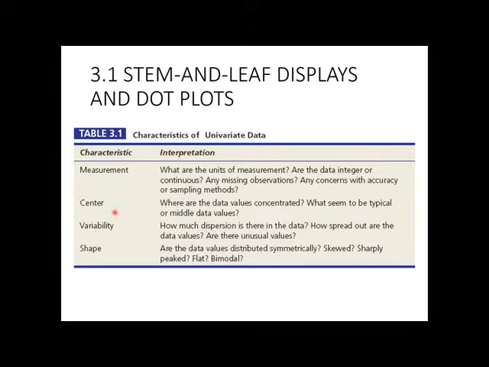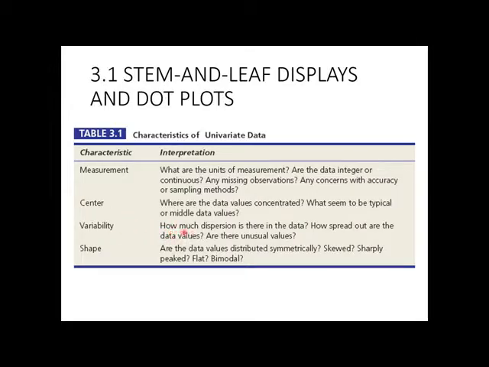Center is the representative of the data, the data in the middle. Since the data is spread, we have to select one value which represents all of the other data. In this case, we say that it is the center.